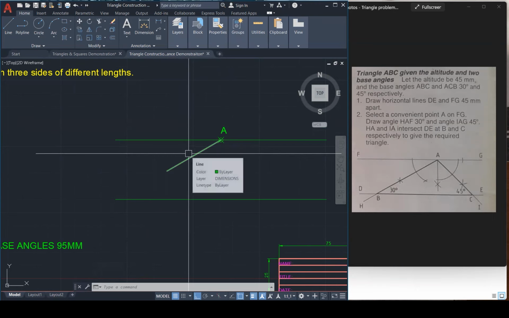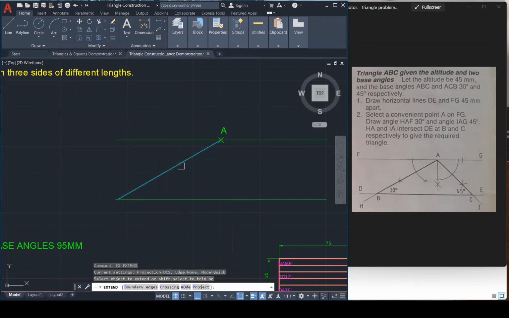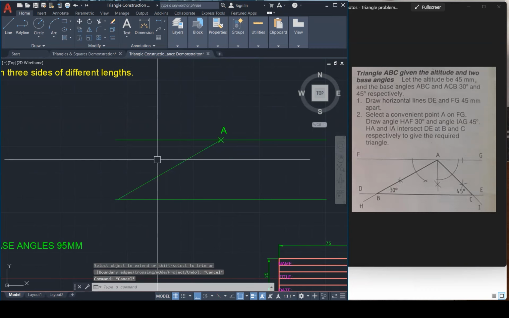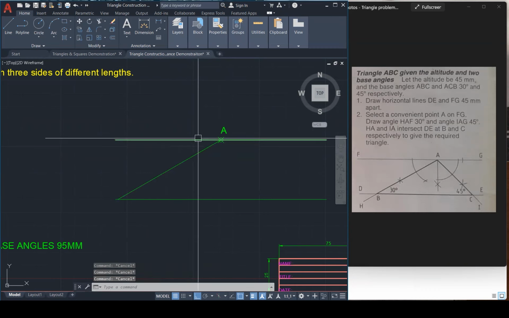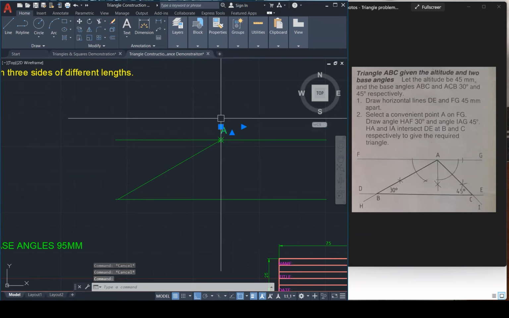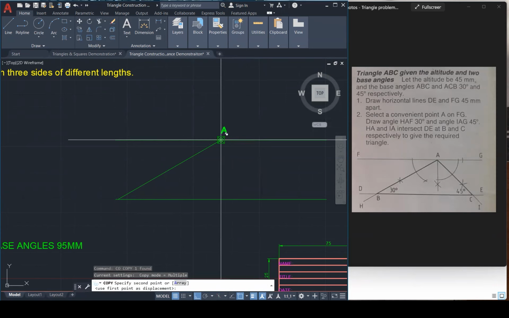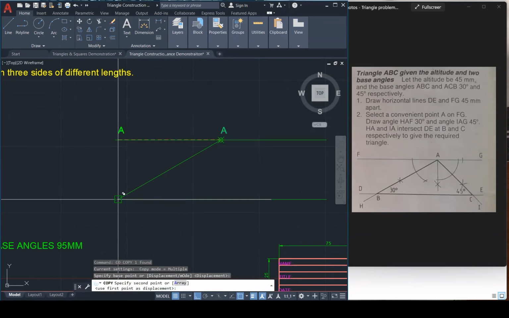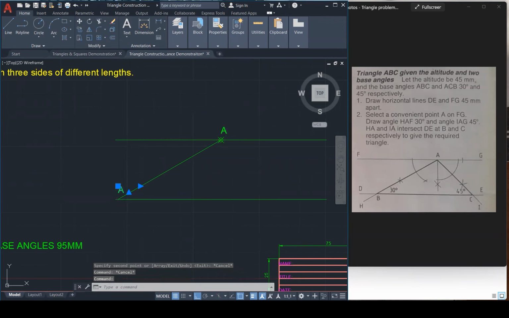Now, where it hits here, that's our B. So I can copy that, move it, and call that intersection point B.